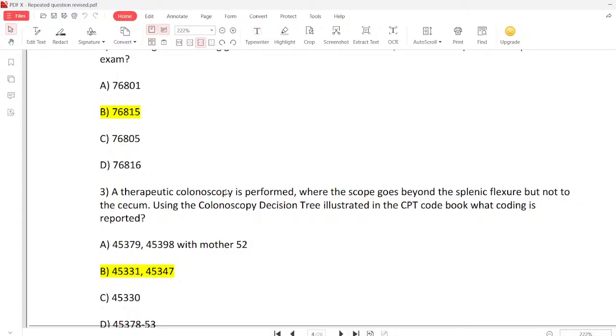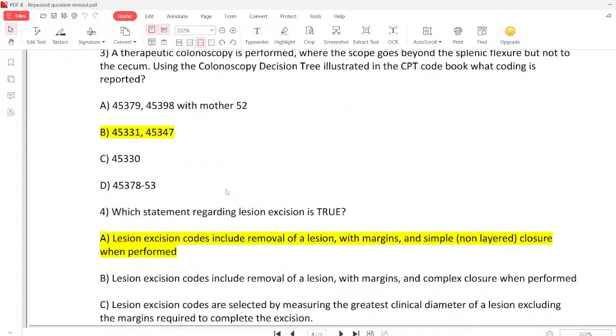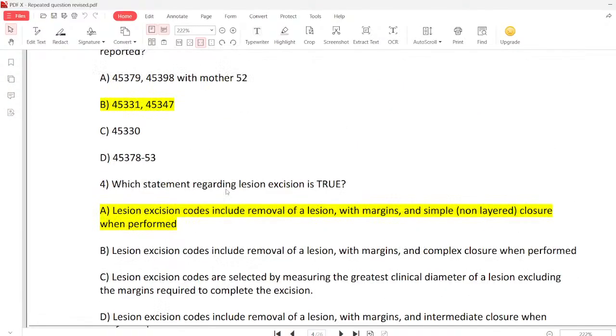Using the colonoscopy decision tree illustrated in the CPT code book, what coding is reported? 45331, comma 45347. Okay, 45331, comma 45347.